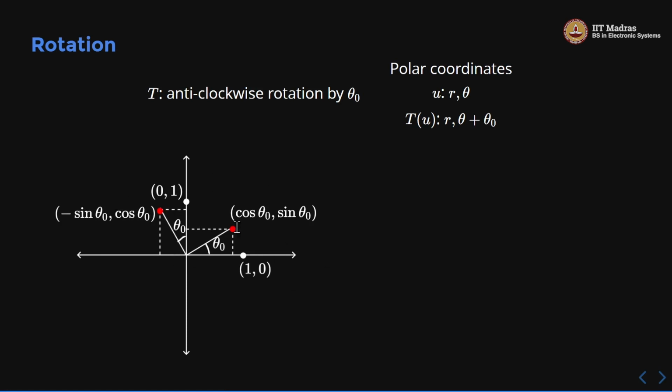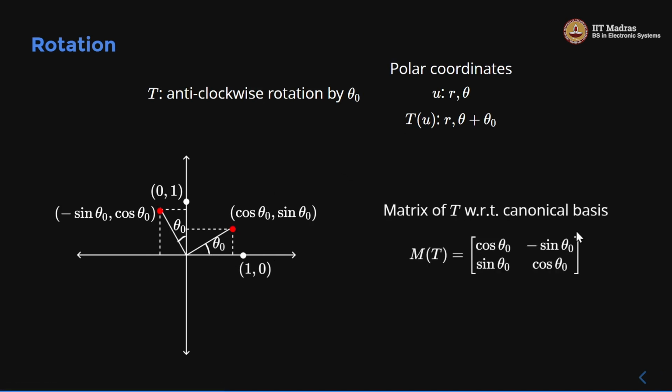So just by looking at what happens to the basis vectors through this rotation by theta naught, you see that the matrix of T with respect to the canonical basis is (cos theta naught, sin theta naught) in the first column, and (minus sin theta naught, cos theta naught) in the second column. So this is rotation. Any simple transformation like this, scaling possibly asymmetrically, and rotation, is easy enough to describe in a matrix format and represent that way. I hope this is clear.